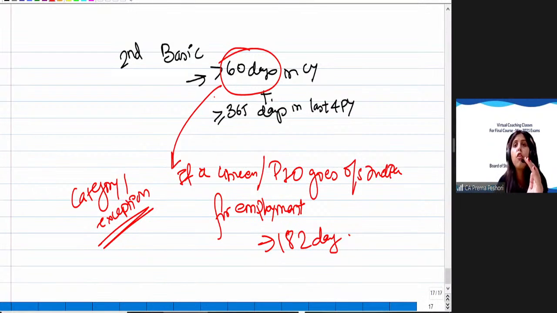As I said, for a person who is going outside India for employment, in that very case, we do not need to see the income limit. We only need to apply the 182-day criteria. Clear, everybody? Did you realize what mistake you made?